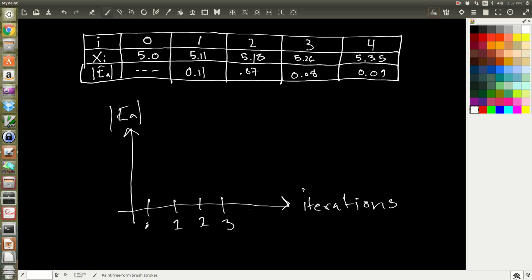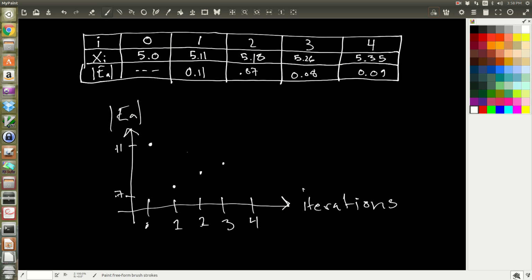Okay, we start out at an error of 0.11, and then it drops down to 0.07, and then it starts to climb again to 0.08, 0.09.